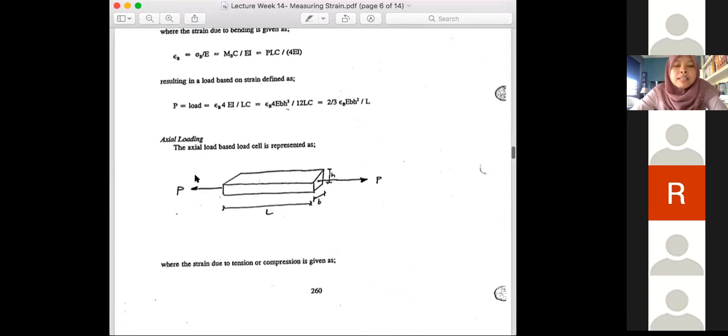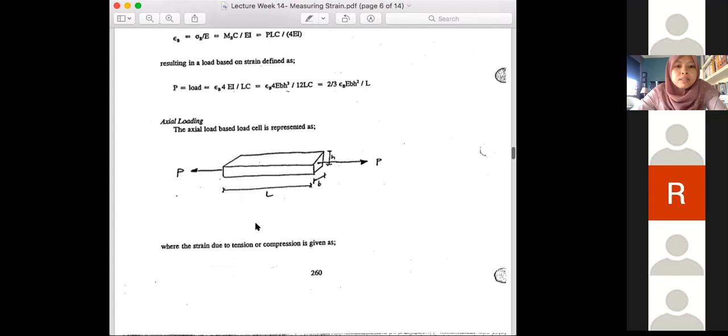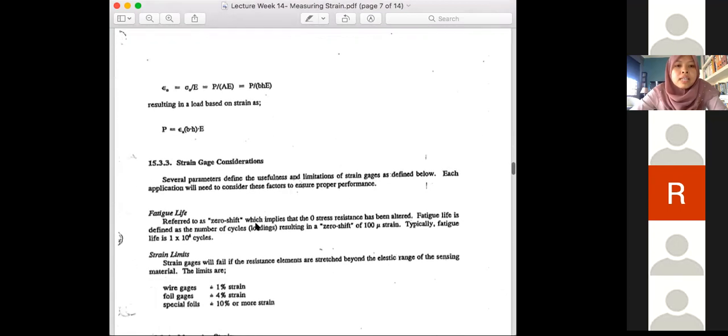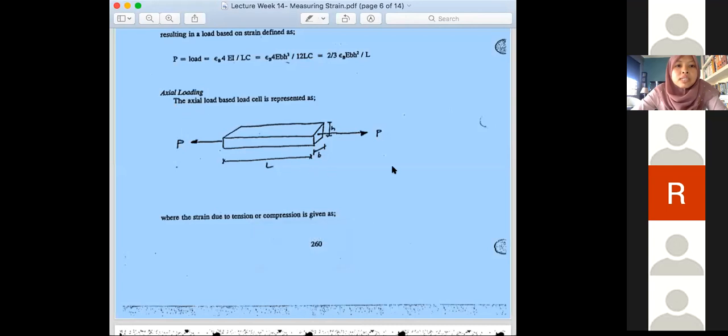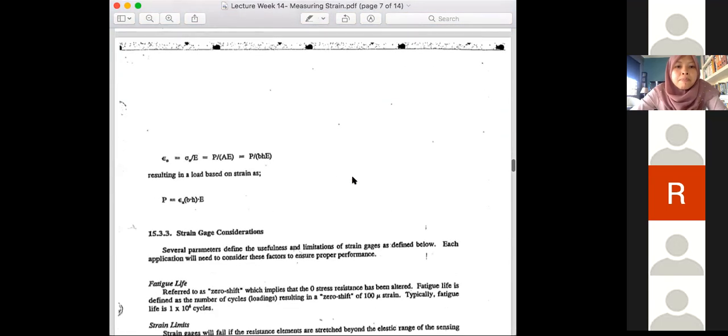Okay, so basically strain gauge tu akan diletak kepada bending surface, dan strain gauge tu boleh measure the strain yang berlaku terhadap surface tersebut. So ada 3 setup lah untuk the load cell tu.